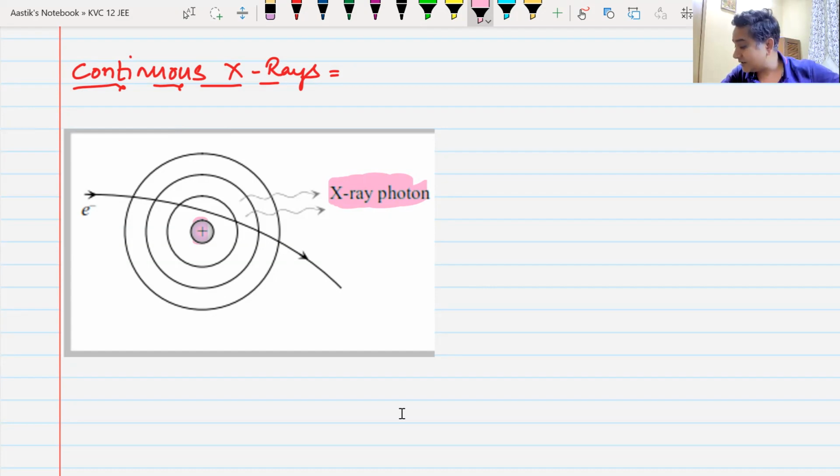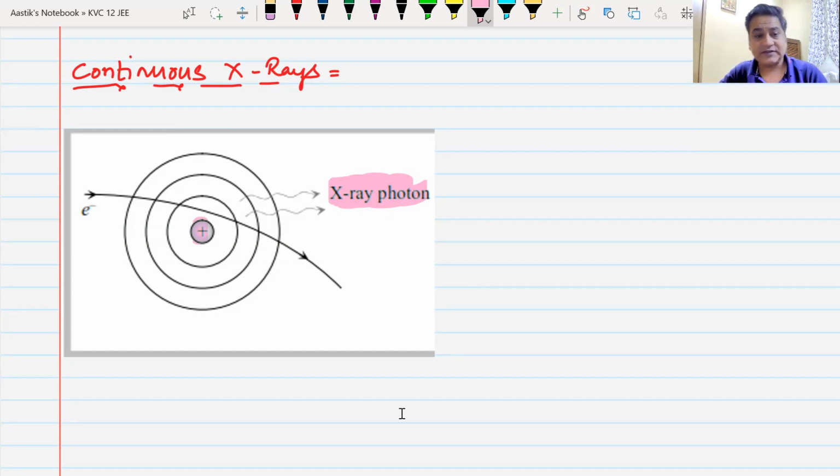Do we understand why it is continuous? Because the electron is going to lose its energy continuously, and therefore you will have a continuous spectrum of X-rays. Therefore, these X-rays are known as continuous X-rays.